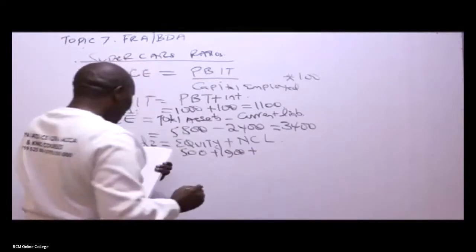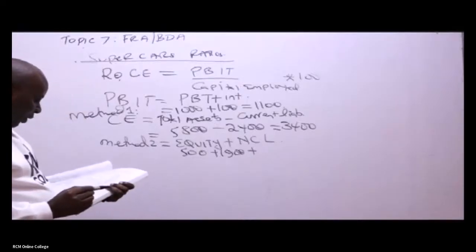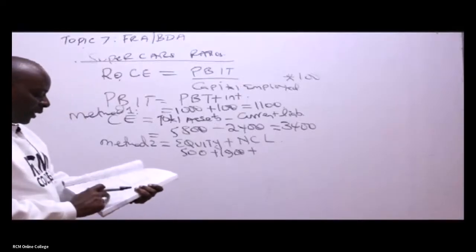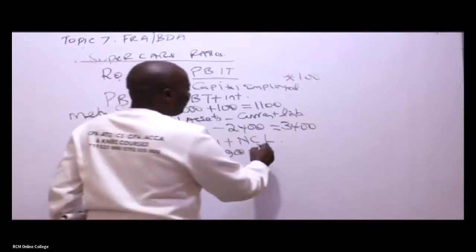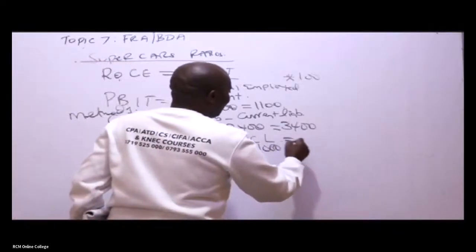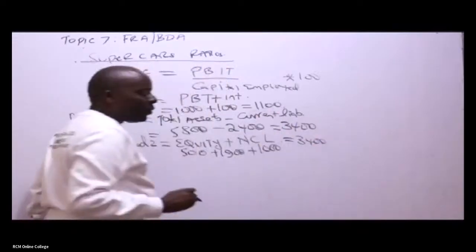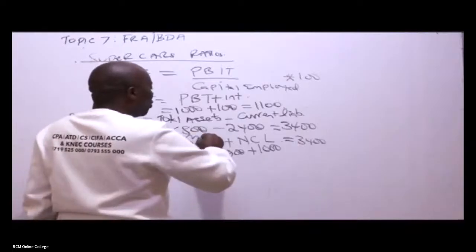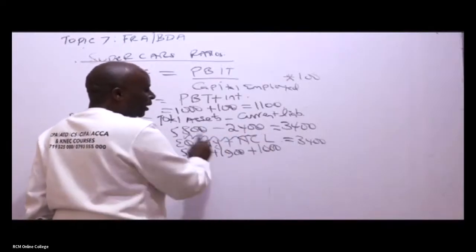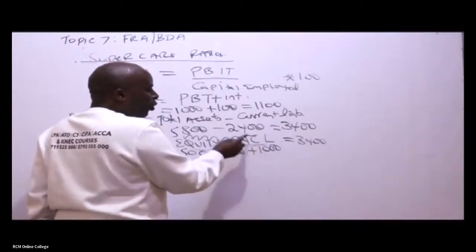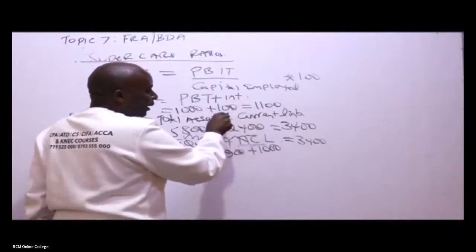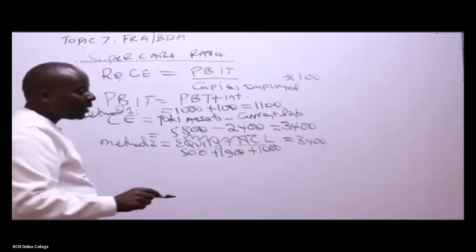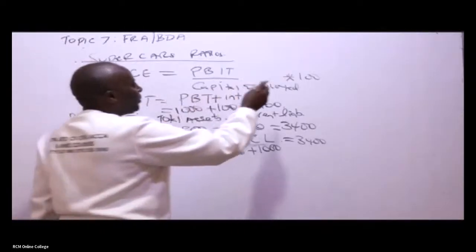Then the non-current liabilities: 8% debentures of 1,000. Can you confirm that this gives us 3,400? Thank you, Felicitas. In method 2, you take equity because we are looking at the long-term source of finance. This is permanent. We don't bring in current liabilities. That's why we deduct current liabilities in method 1.